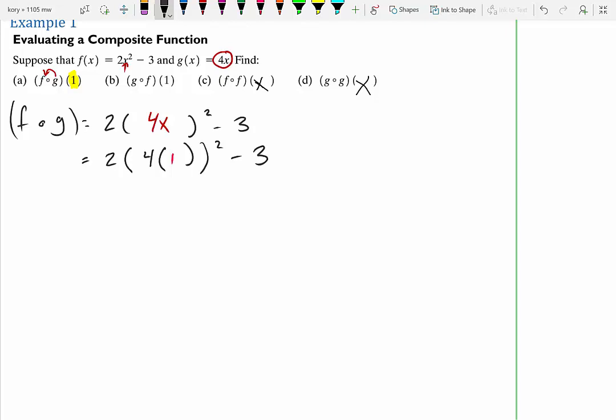So 4 times 1 is 4. 4 squared is 16. So we do 2 times 16, we get 32. And 32 minus 3, we get 29. So we have f composed with g of 1 equals 29.